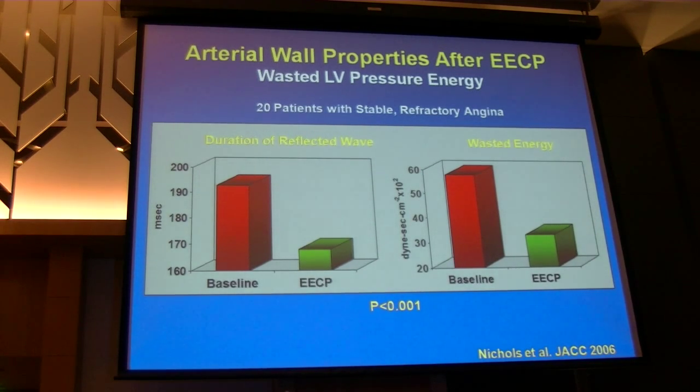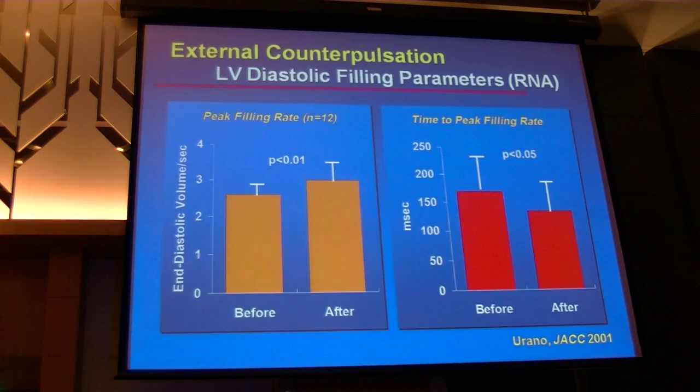What they found was that EECP was associated with a favorable change in this reflected wave. Improved capacitance, a weaker reflected wave that came at a more opportune time in the cardiac cycle to decrease the wasted energy of the heart pumping against this reflected wave. So EECP has a hemodynamic effect that's durable even after the course of therapy.